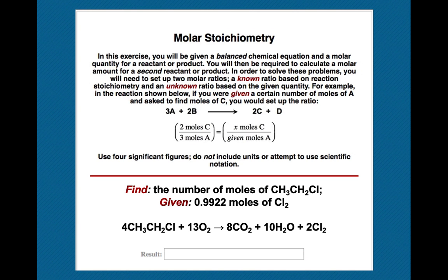So quickly write your known ratio, write your unknown ratio from this, and let's do it.